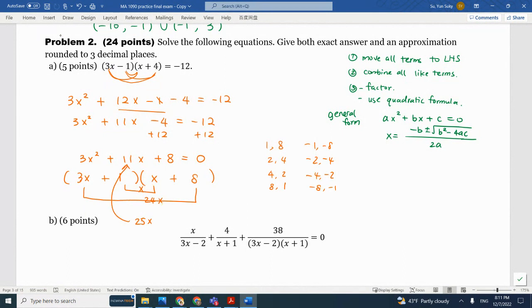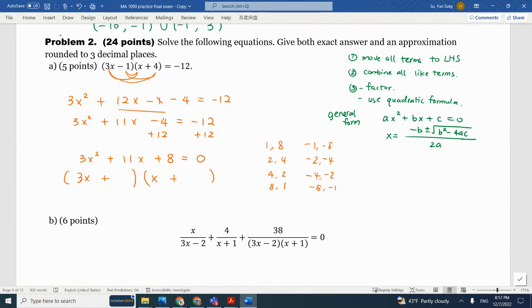And then you keep going. How about the 2 and 4? So if you put 2 and 4 there, you get 3x times 4, 12x, and this is 2x. Do you see when we add them up, it's 14x? So 2, 4 does not work.